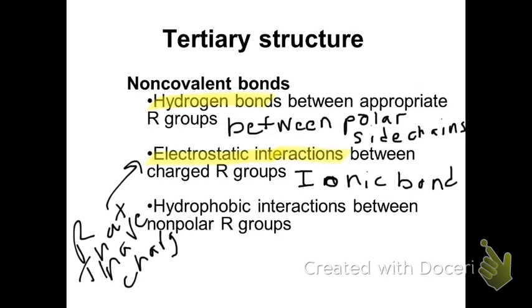So again, hydrogen bonding is between R groups that are polar, and electrostatic interactions or ionic bonds are between R groups that carry a charge.